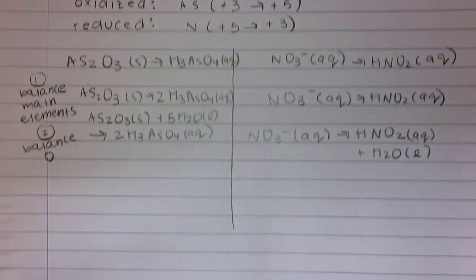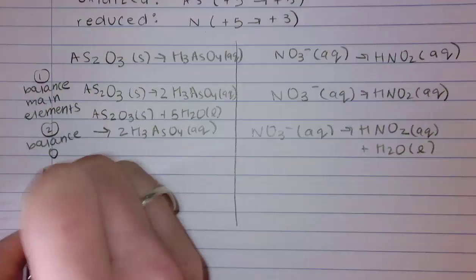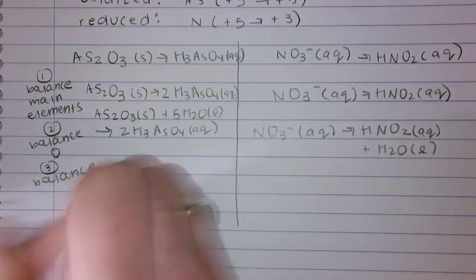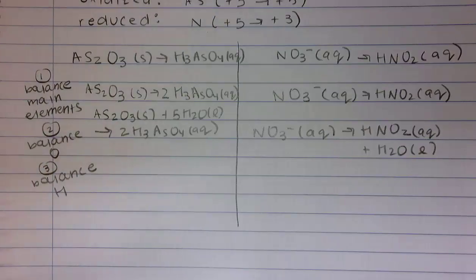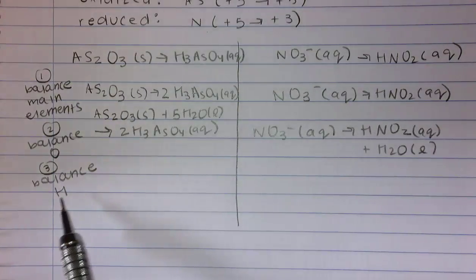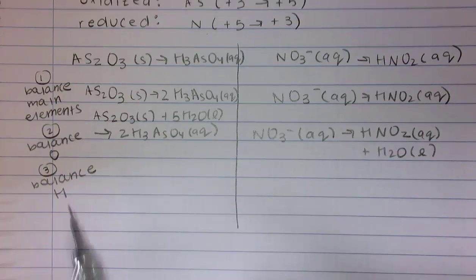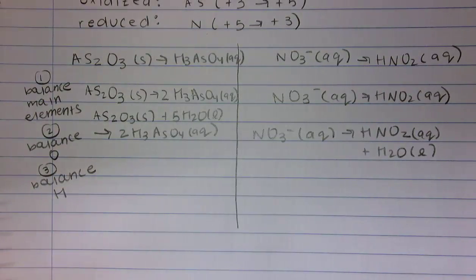Okay, so now the third thing we can do is balance hydrogen. And this comes into play based on whether we're in an acidic solution or a basic solution, which is why it's so key to recognize that word in the problem statement.